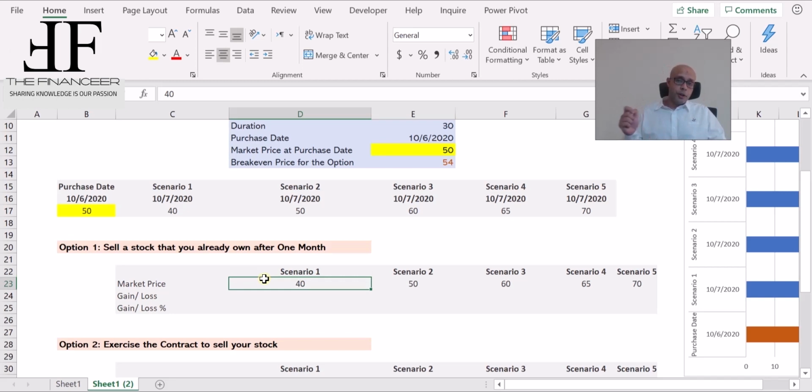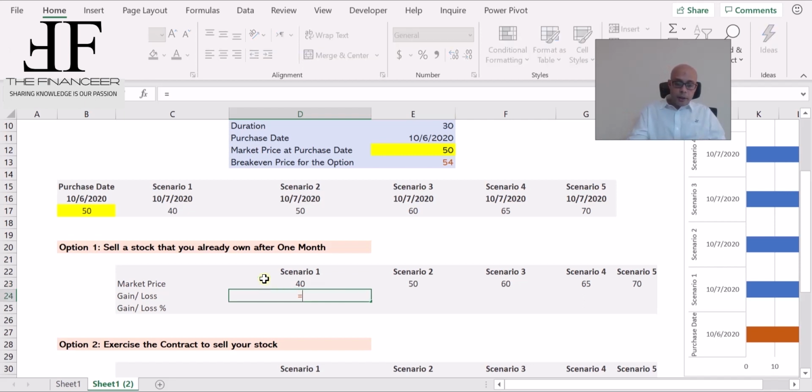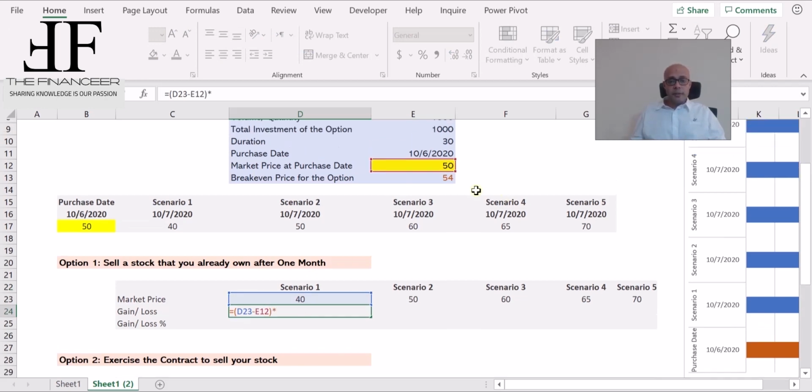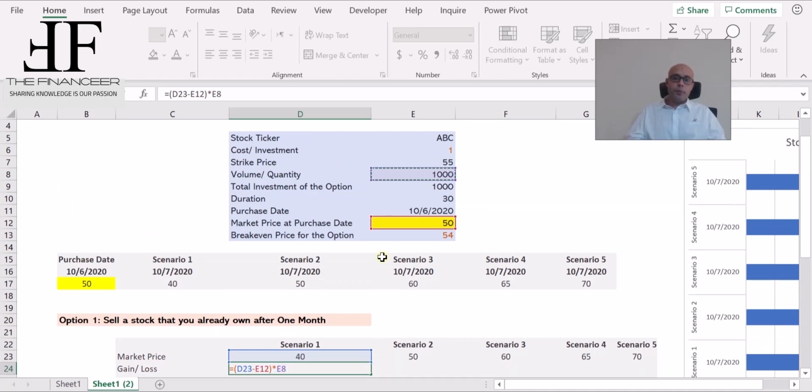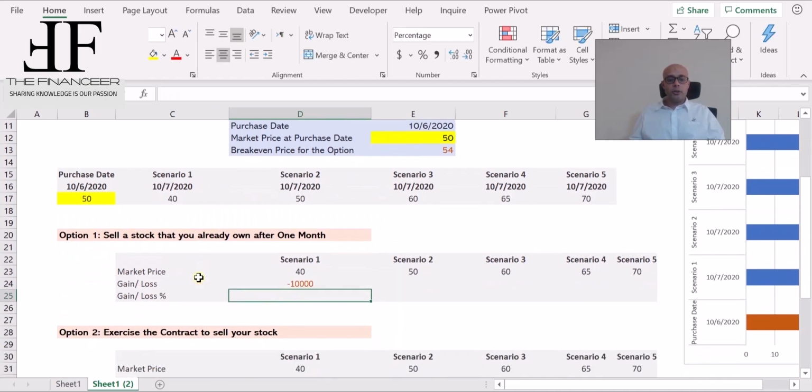So the question here is, did you achieve a gain or loss? I purchased at 50 and I sold at 40, so I achieved a loss. The loss here will equal 40 minus 50, the price that you purchased at, times the number of stocks that you purchased. So this is the total loss in the first scenario, which is $10,000.